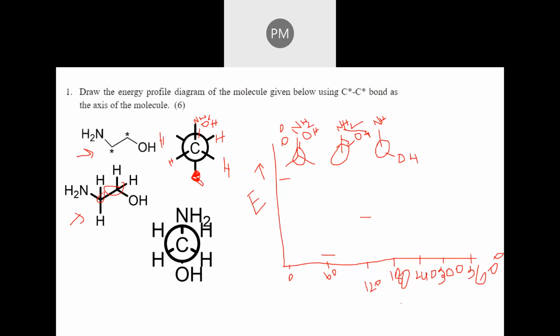Again at 180 degrees, NH2 and OH are going to be far apart.